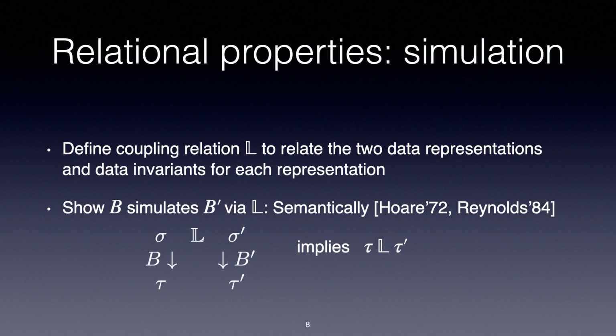So here is another example of a relational property, and that is simulation. To show this kind of equivalence, what we typically do is define a coupling relation L to relate the two data representations and data invariants for each representation, and then show that B and B dash simulate each other via L. Remember that B and B dash are the two different implementations of push.